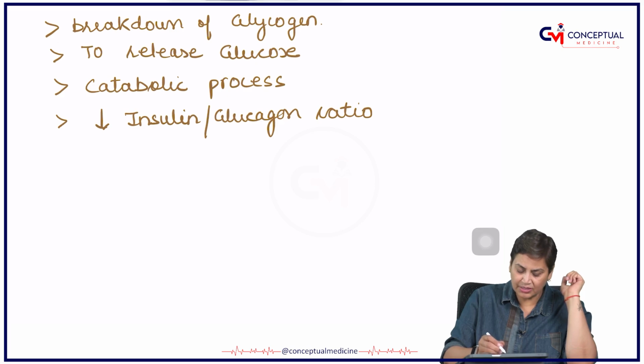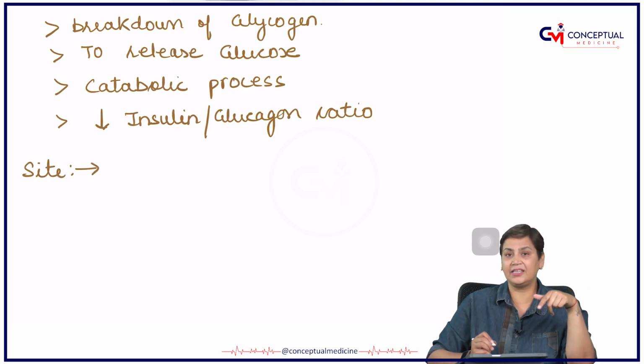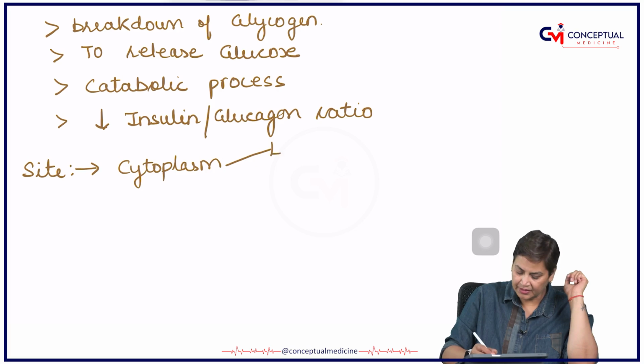Now see, we have already a molecule of glycogen. And if we talk about the site, where the synthesis is taking place, the breakdown will also take place in both. So site is again cytoplasm of the liver and the muscle.